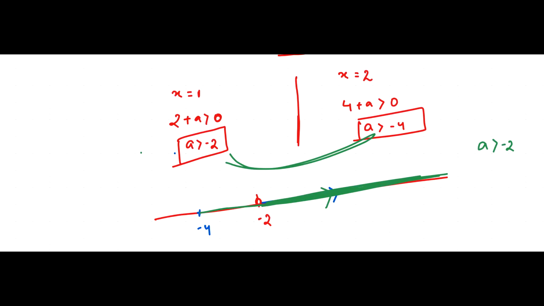Let's do the next one. It says: let I be any interval disjoint from negative 1 to 1.